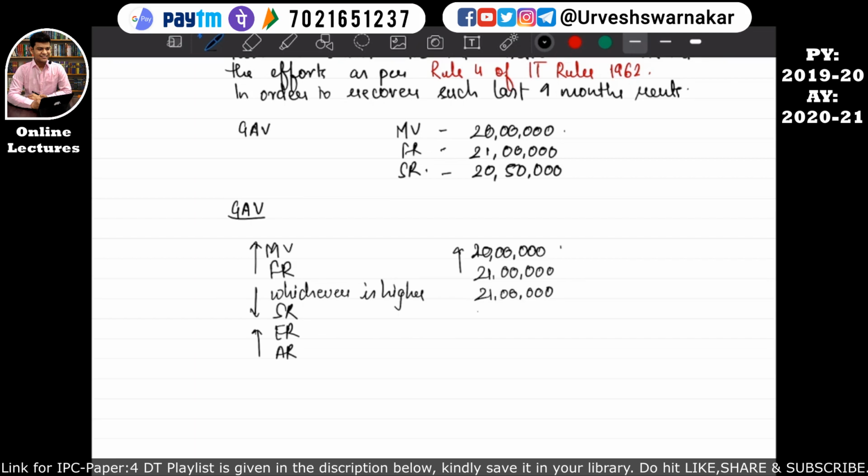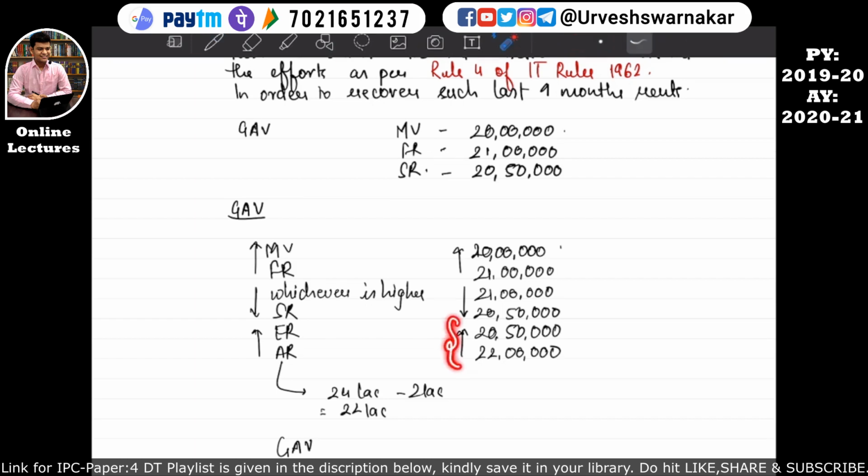Then standard rent is 20 lakhs 50,000, whichever is lower of these two is 20 lakhs 50,000. And the actual rent is 22 lakhs. Actual rent we derived in this manner: 24 lakhs minus 2 lakhs, which is equal to 22 lakhs. So our GAV will be equal to expected rent or actual rent, whichever is higher. Whichever is higher is 22 lakhs.